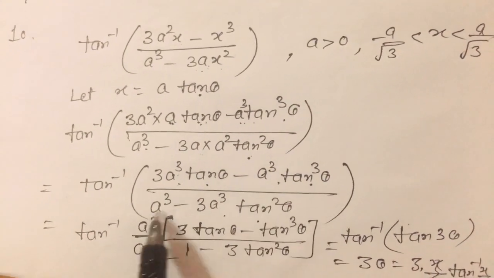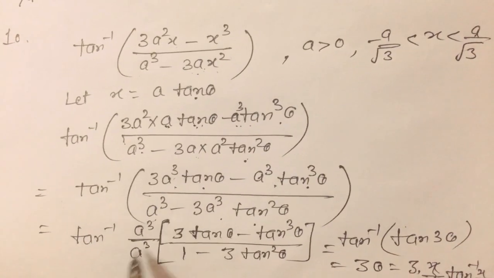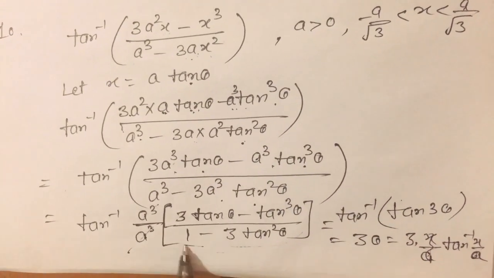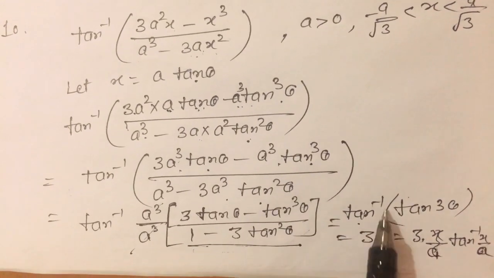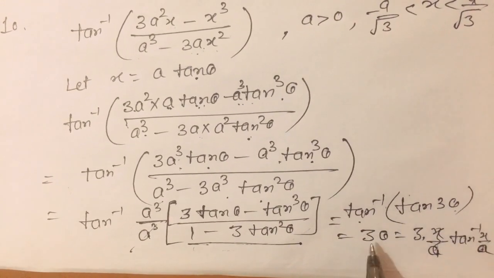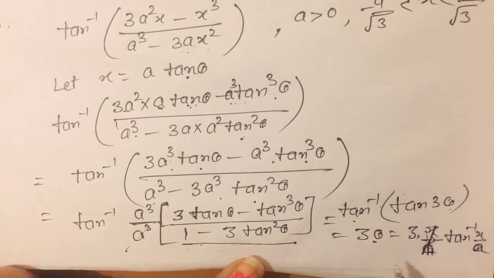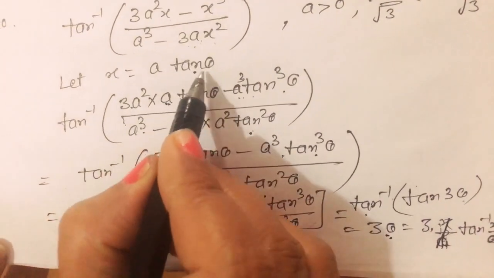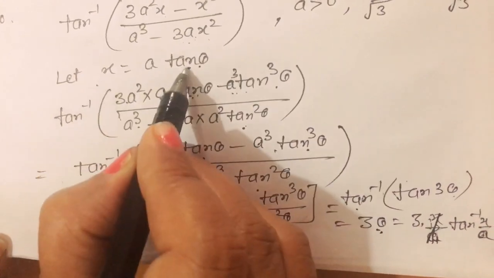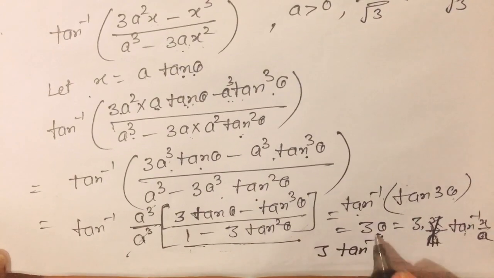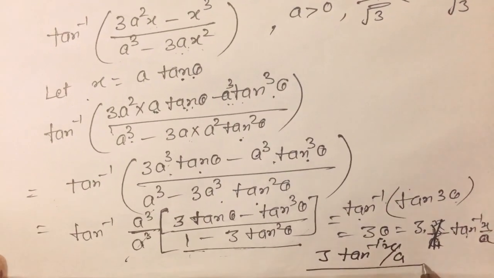Then a cube is common from numerator and denominator, we will cancel these. We will get the formula of tangent 3 theta. This is the formula of tangent 3 theta. So tangent inverse of tangent 3 theta, then 3 theta will come. Theta we will get from here, x upon a firstly, then tangent inverse. So we will get 3 tangent inverse x upon a. This is the answer.